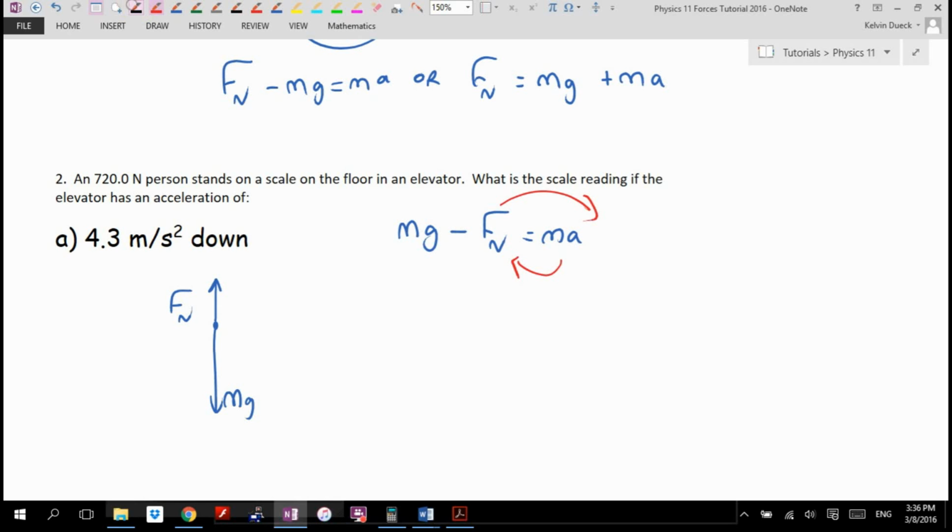So I think we'd get this. The mg would drop down like a domino. The ma would be a minus. I'm going to put the normal force over there by itself because that just looks prettier to me. What's mg? The most common mistake I see here. Did I give you the mass? How do you know instantly I didn't give you the mass? Because what's next to that 720? Newtons.